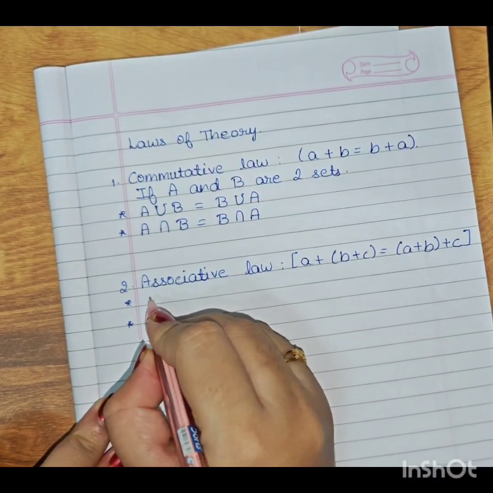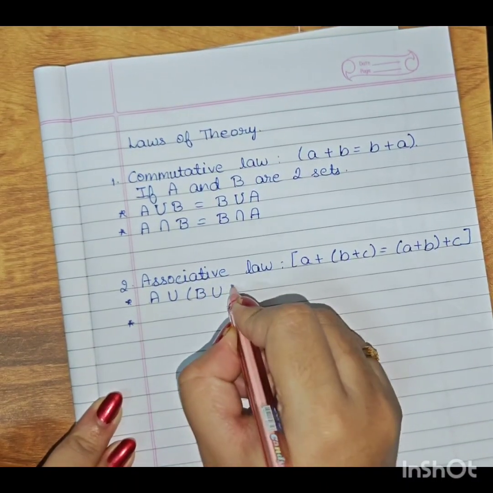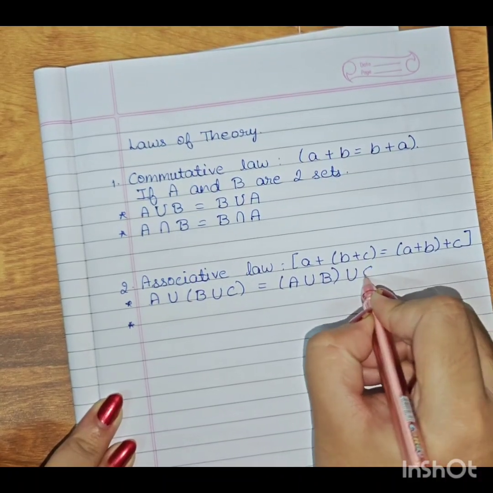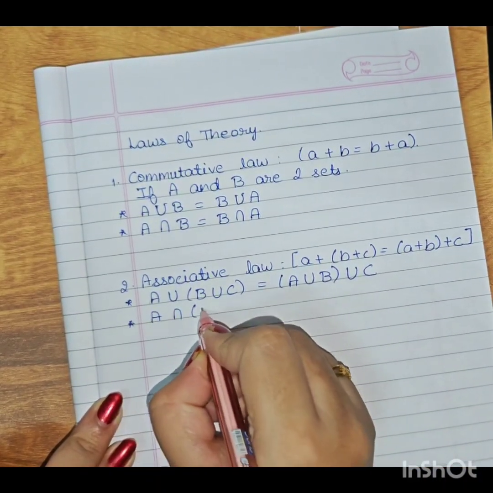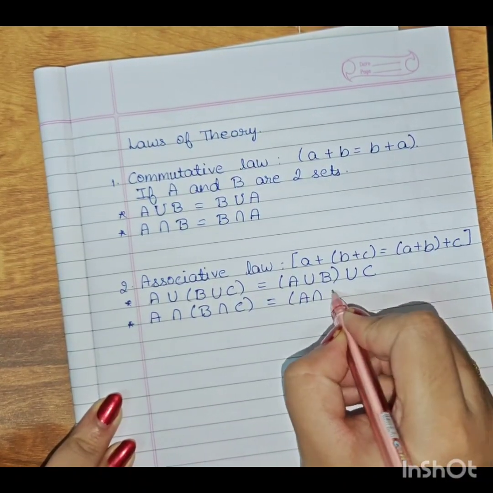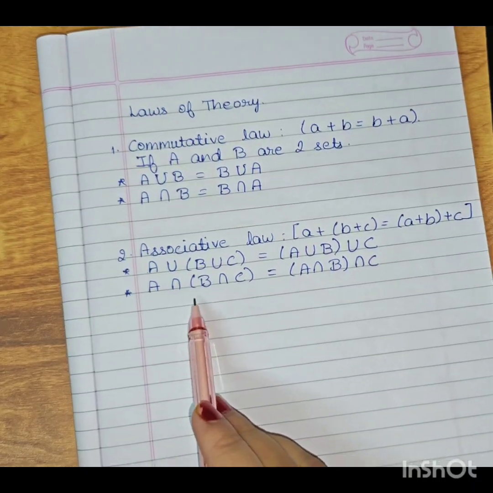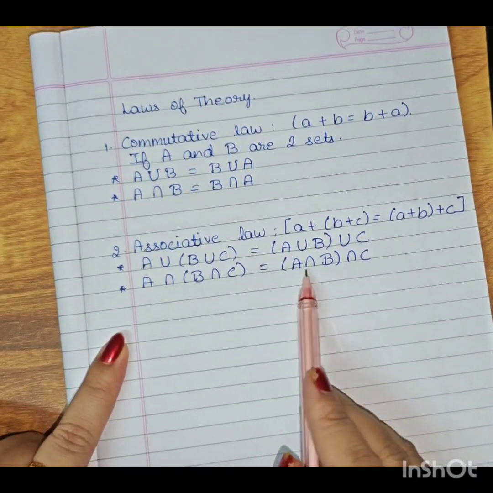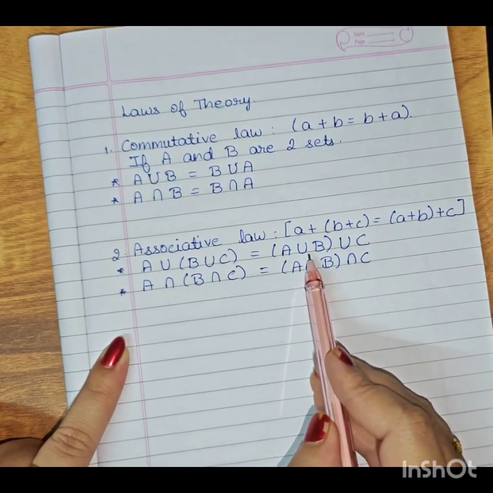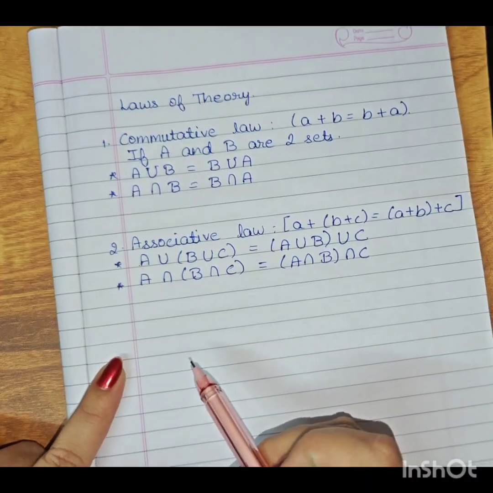First one is A union B union C equals A union B union C, and A intersection B intersection C equals A intersection B intersection C. You have to only exchange the brackets. In the same way it is for intersection also.